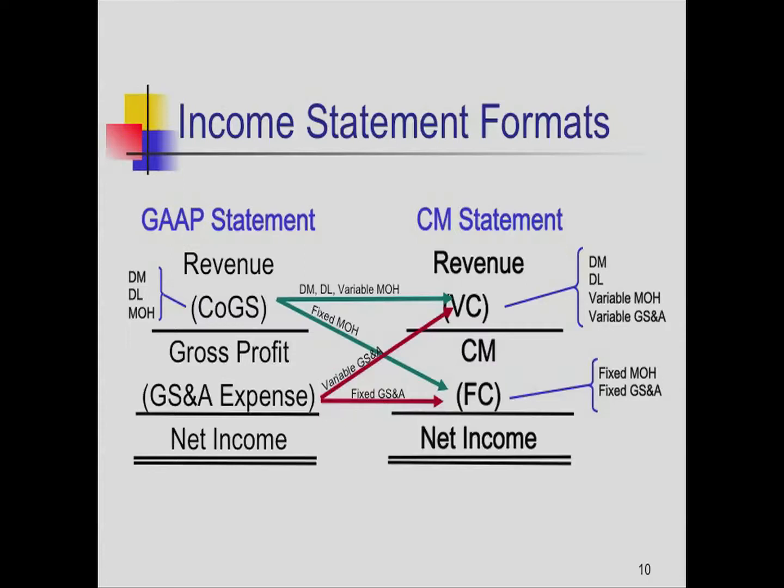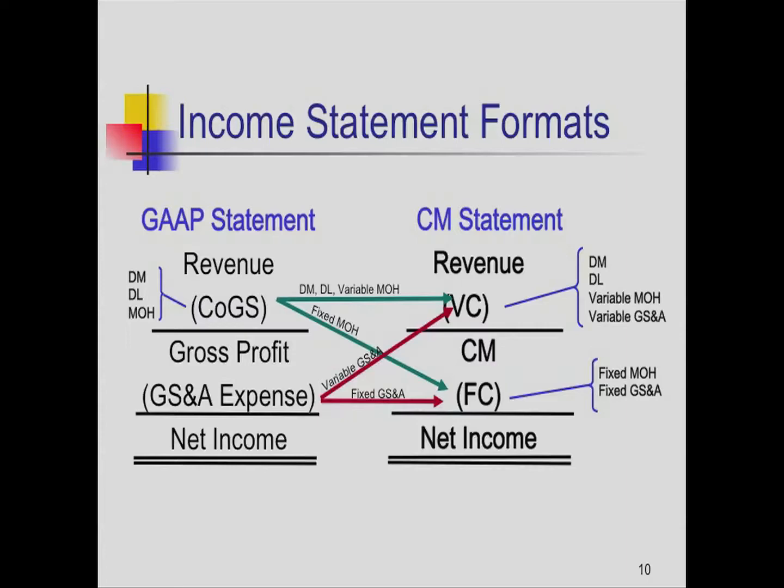That basically represents my non-manufacturing costs, my selling expenses, my administrative. Or you might refer to them as product versus period cost, because those manufacturing costs in cost of goods sold end up getting expensed when you sell the product. So that's our traditional income statement.